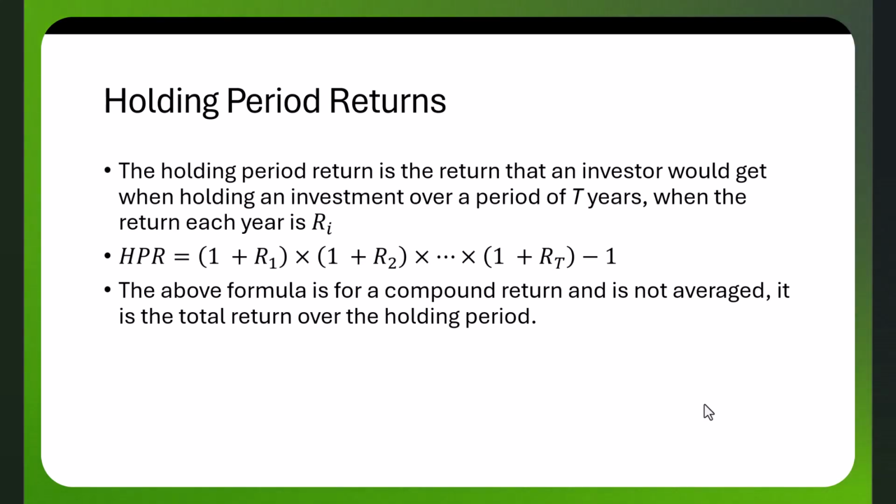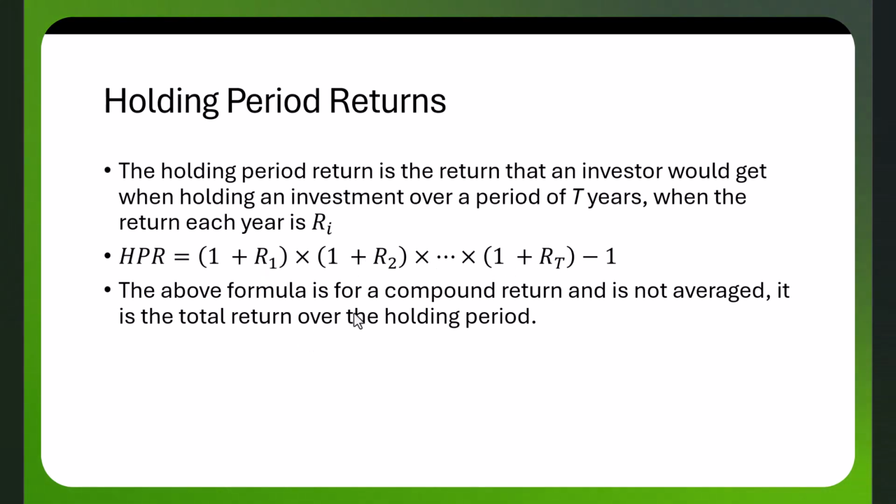You want to keep in mind that holding period return is not averaged. It's the total return over the holding period. If you want the average return using this formula, you're actually going to be computing a geometric average. In fact, what you're going to do is you're going to have the same formula here, and then you keep the 1 outside of it, and you're going to take the Tth root here.